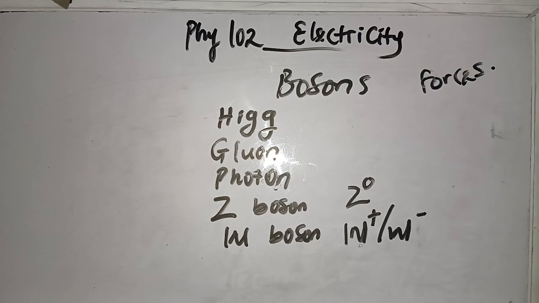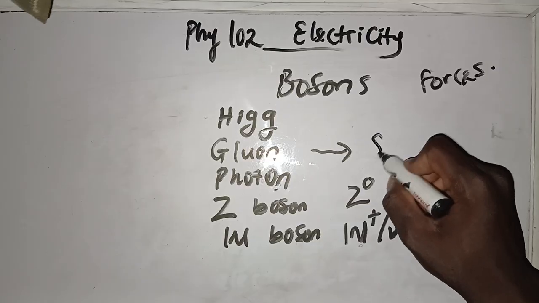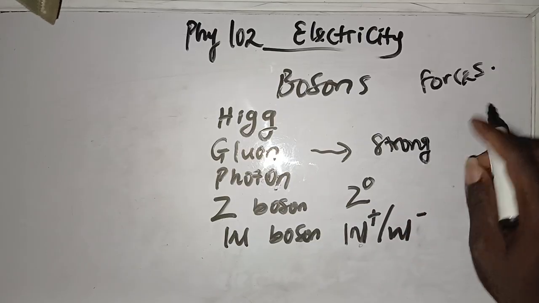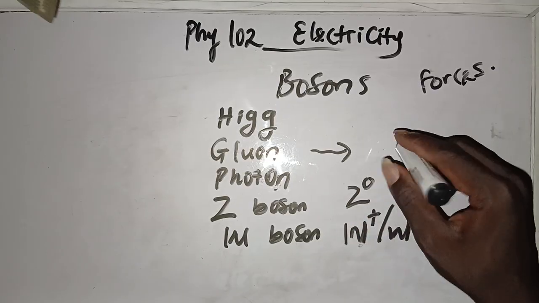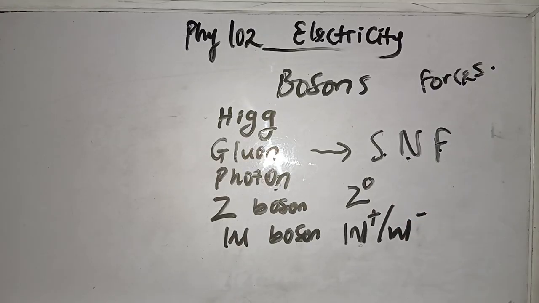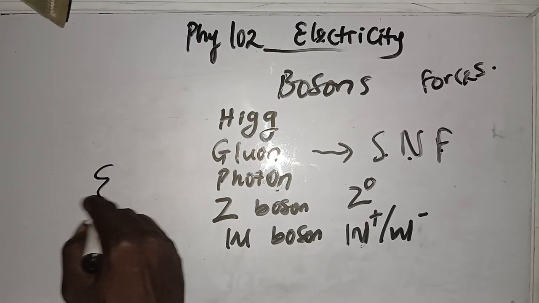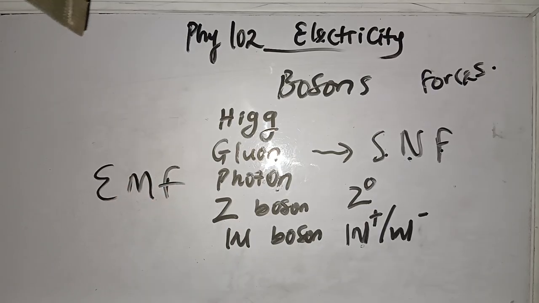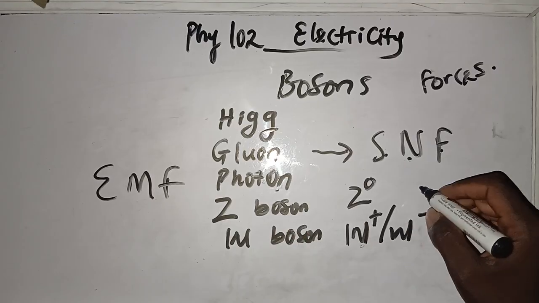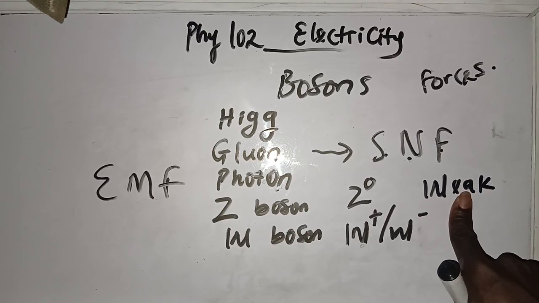Do we get? So this gluon carries the strong nuclear force. We call it SNF, strong nuclear force. Photon carries the electromagnetic force, EMF. Z carries the weak force, carrier of weak forces.